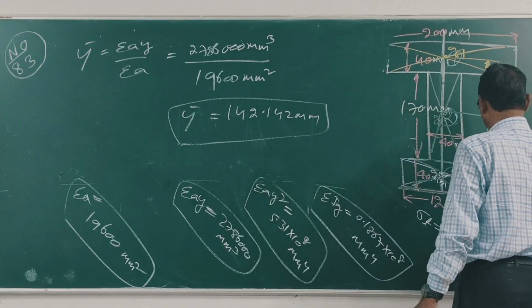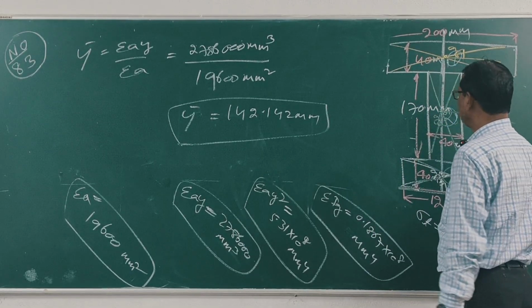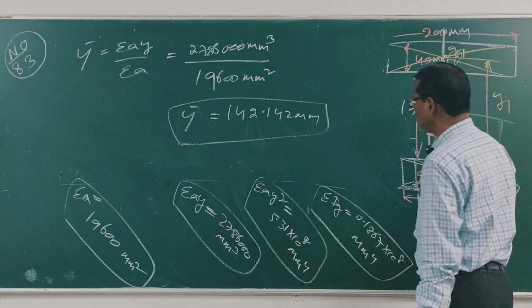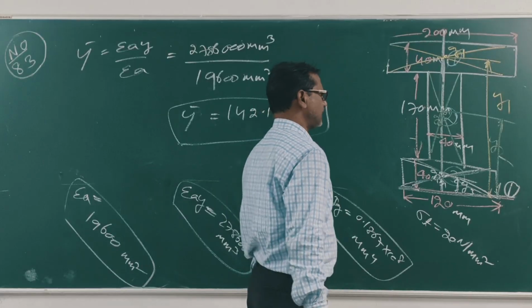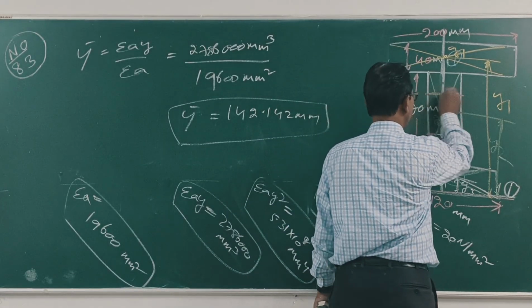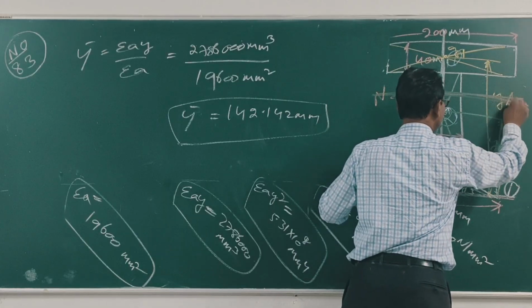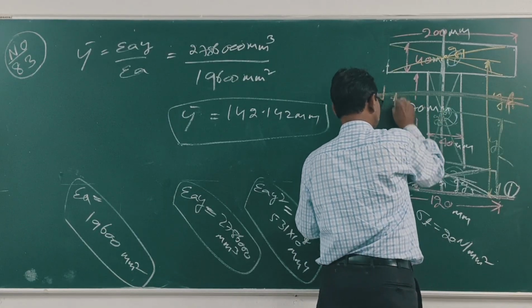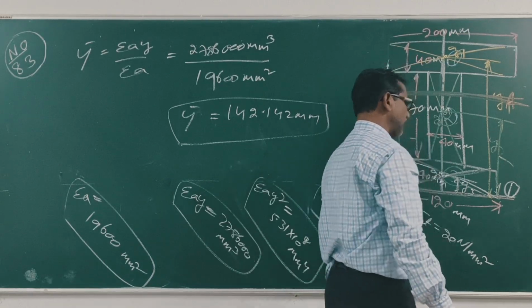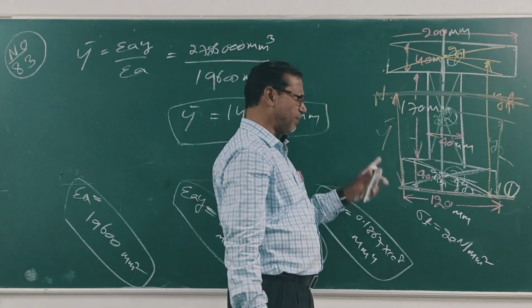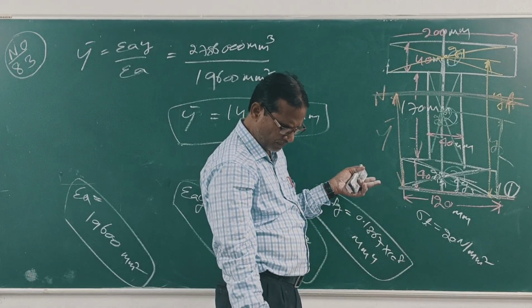Now this is 40, this is y2. What is y2? 85 plus 40, 125. Clear? So this is CG. This is neutral axis. This is y bar. Y bar is more than y2. Y2 is 125, and 142.142 is y bar.